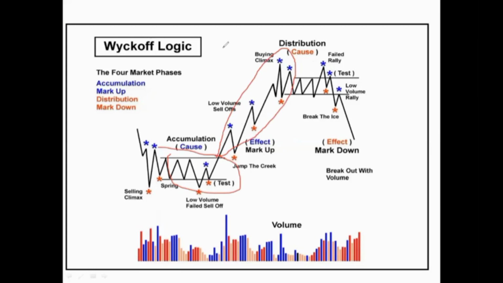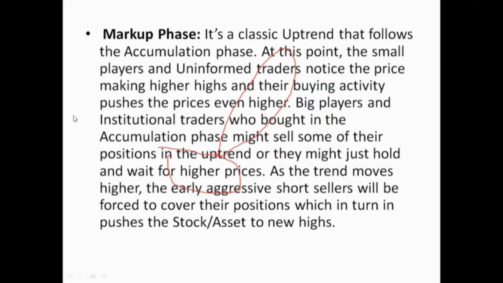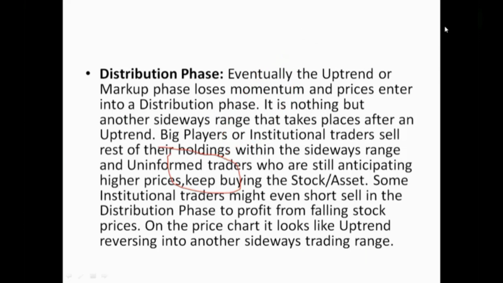Now after the markup phase, Wyckoff says we get a distribution phase. How does Wyckoff define the distribution phase? Eventually the uptrend that came with the accumulation phase and markup phase loses momentum and prices enter a distribution phase. It is another sideways range that takes place after an uptrend.